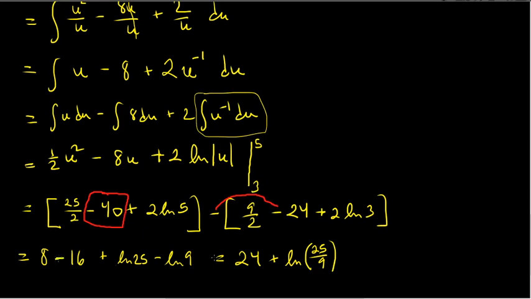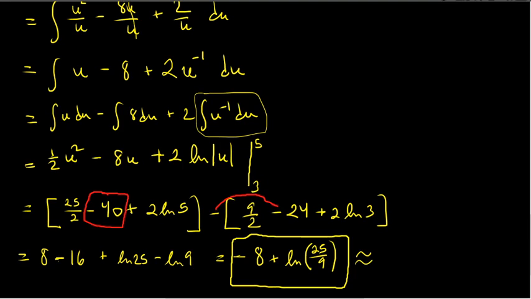So 8 minus 16 is not 24, but negative 8. There we go. All fixed. So yeah, negative 8. 8 minus 16 is negative 8. So this is the most concise way to write it. Obviously, if you plug this in your calculator, you get a decimal approximation. I'm not sure I feel like that, but all right, let's do it.